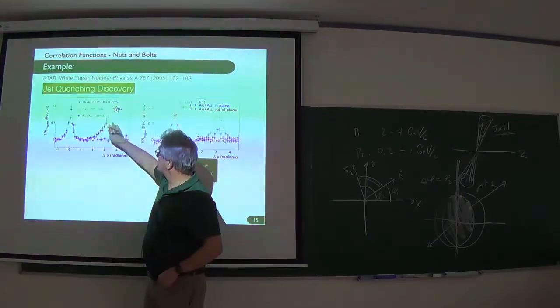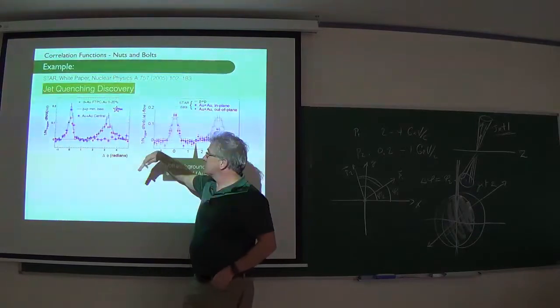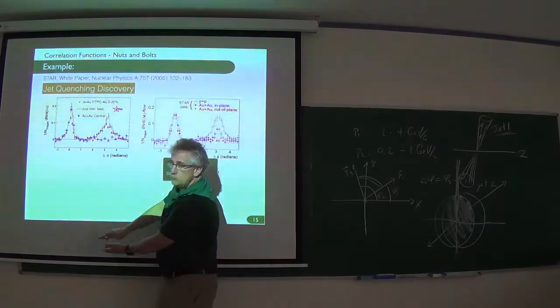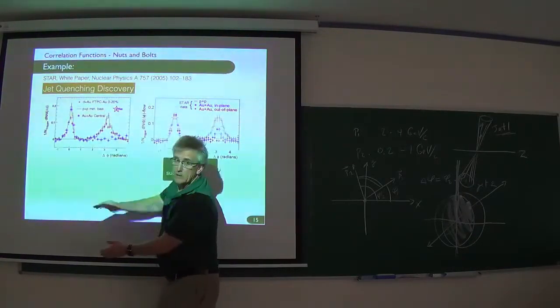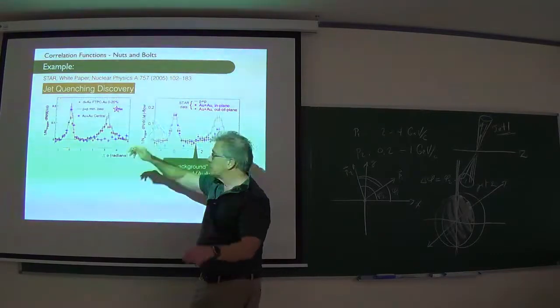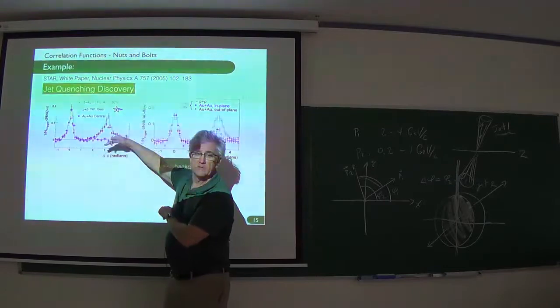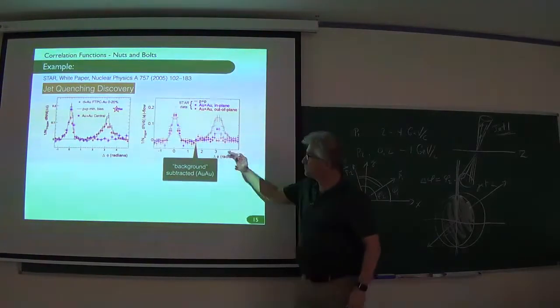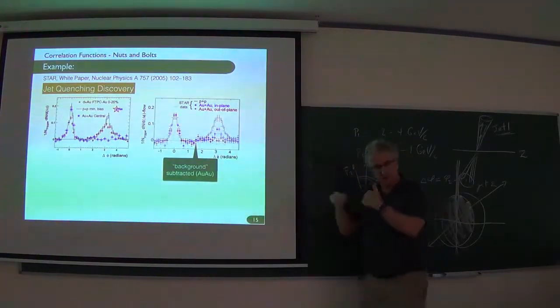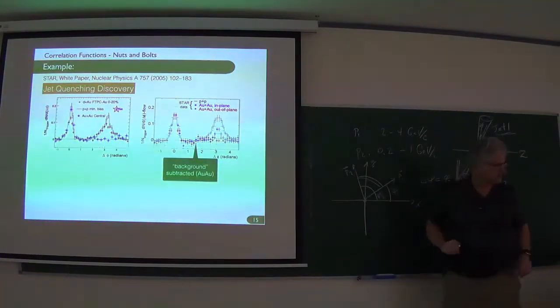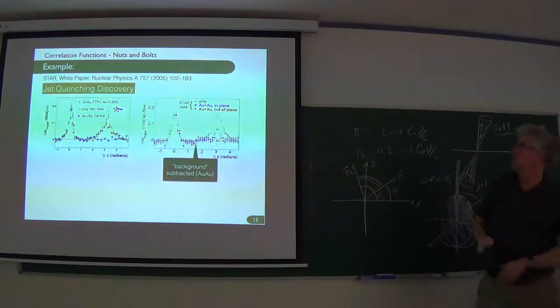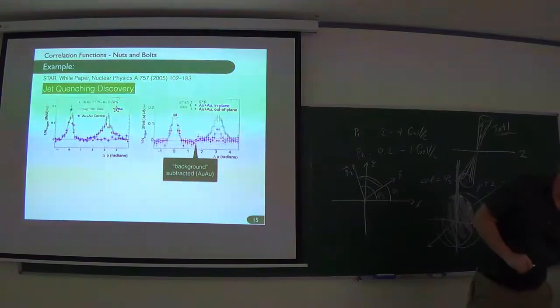What is shown here for lead-lead, there's a huge combinatorial background, pairs emitted in all directions. That huge combinatorial background has been subtracted to make this plot. And so strictly speaking, this is cheating a little bit. It's not a real correlation function, but I think the message was pretty clear.